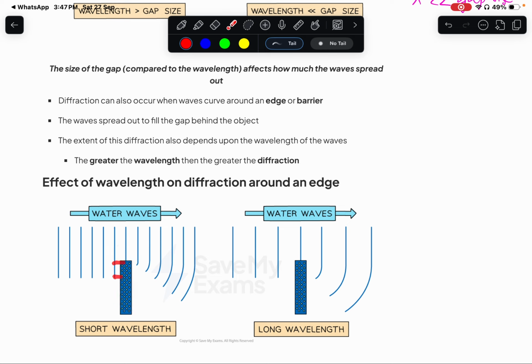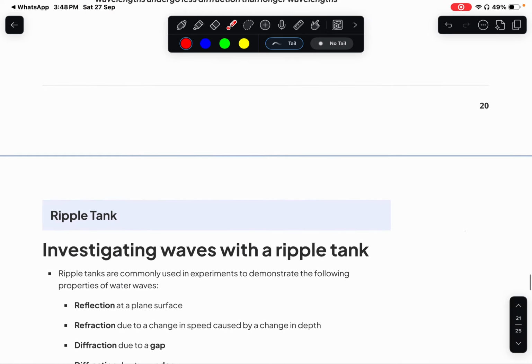That's why it is spreading at one end only, and the other one is passing straight because it is not experiencing any resistance. There is no barrier. And if the wavelength is bigger, then you would see it is still bending at the edges. That is all about diffraction.